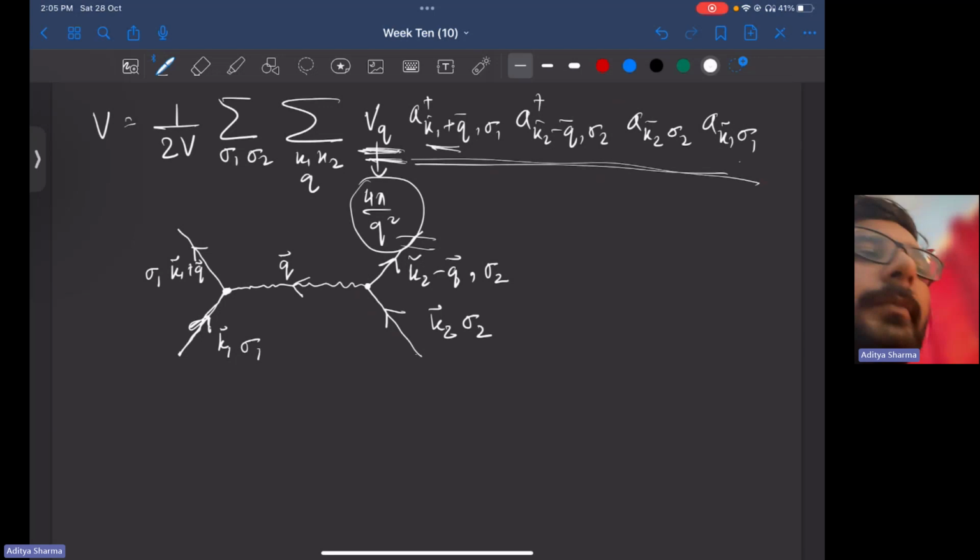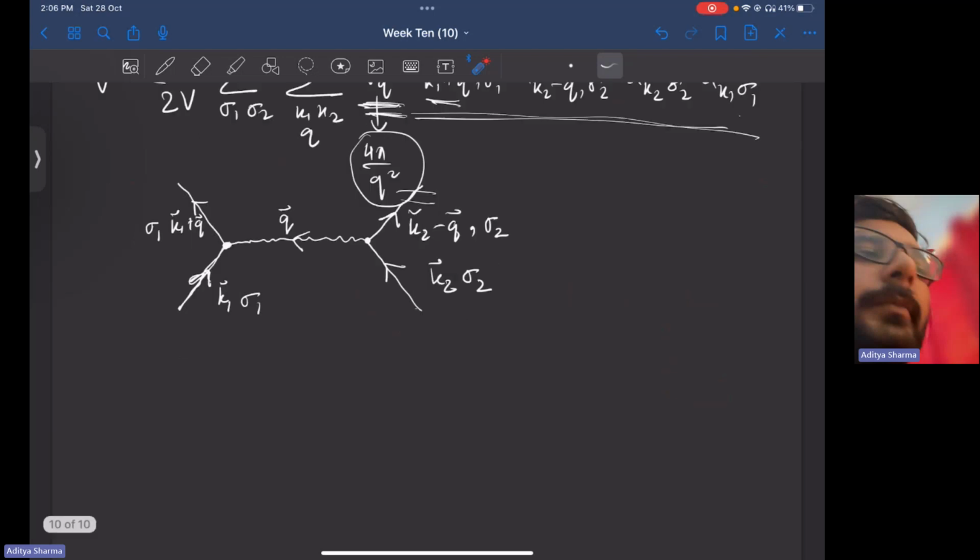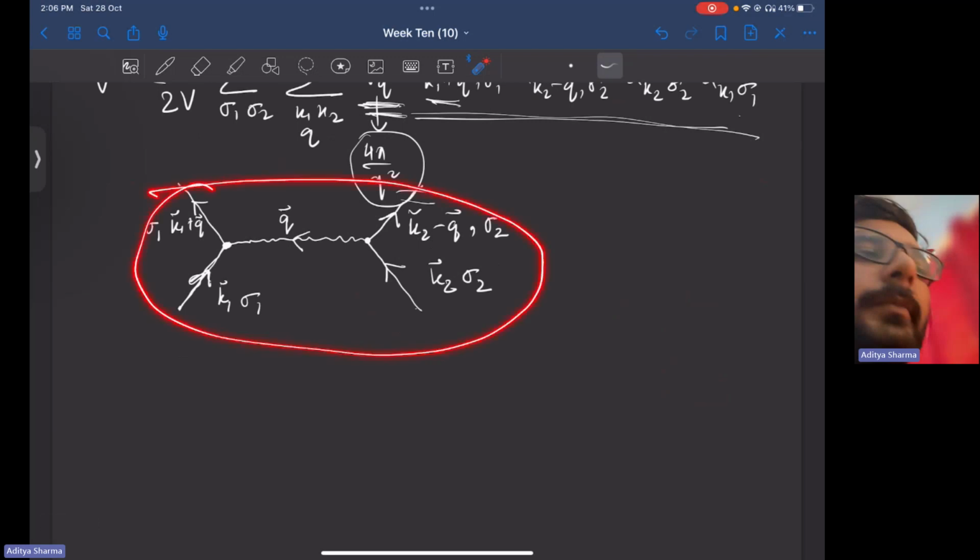This Dyson equation, this is the first order term. You're going to think of this V as an interaction term. There is a free field, which is just given by the kinetic energy, plus this V, the Coulomb. You're thinking of this V as the interaction term, and up to the first order in the Dyson series it gives an interaction of this much.